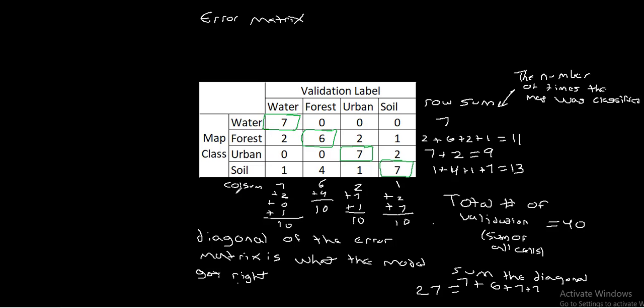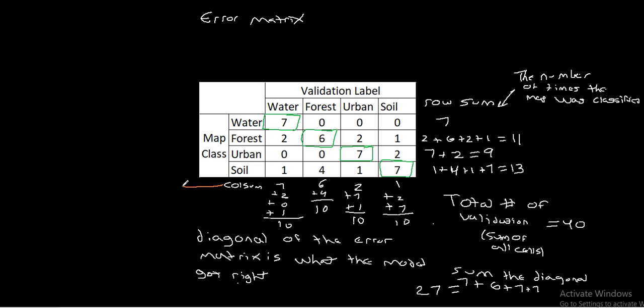What about this column sum? Well, the column sum is basically just going to be the number of validation data in the class. So I'm going to do that in a different color, so we don't get quite so confused.